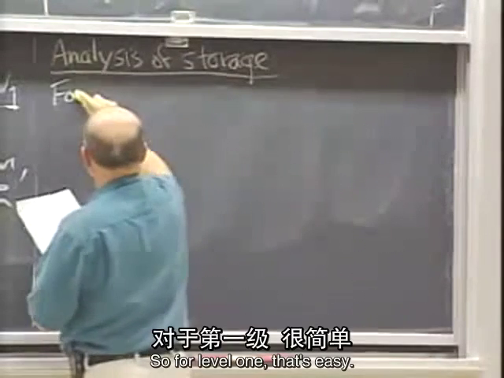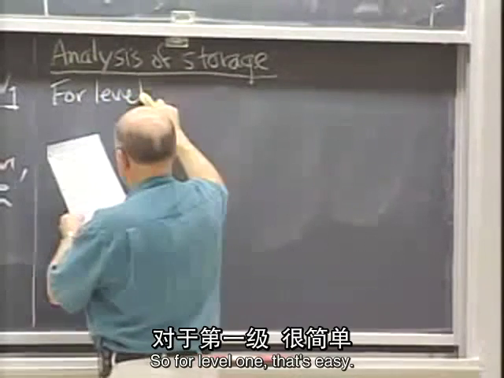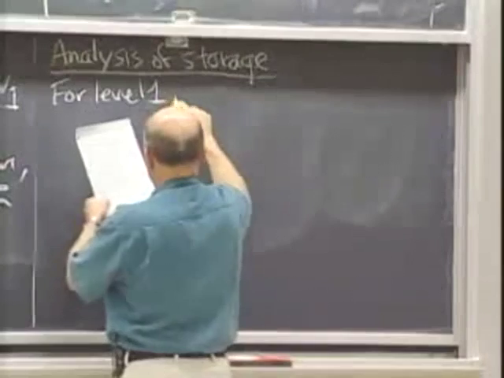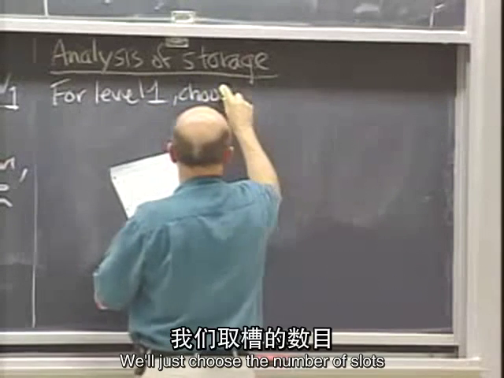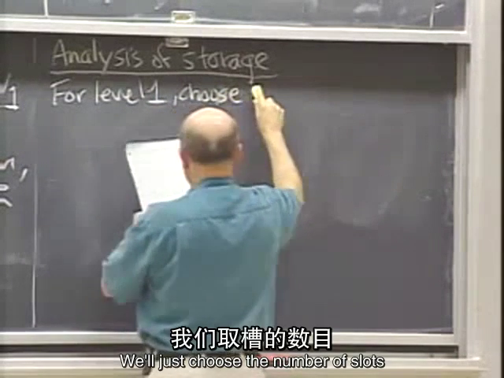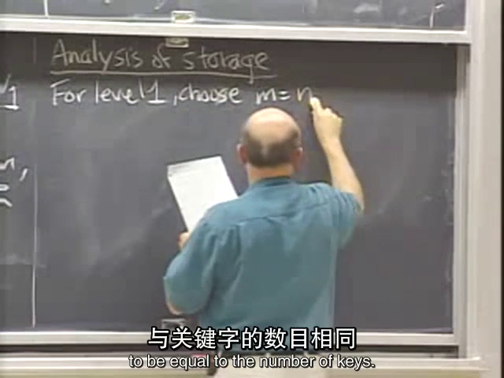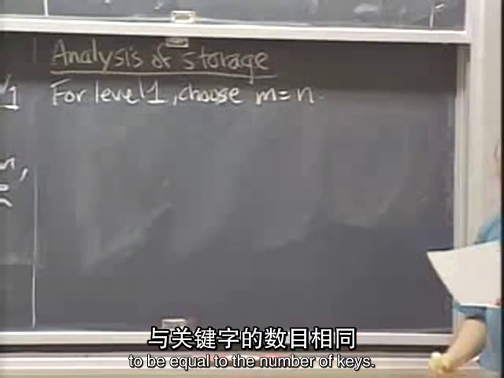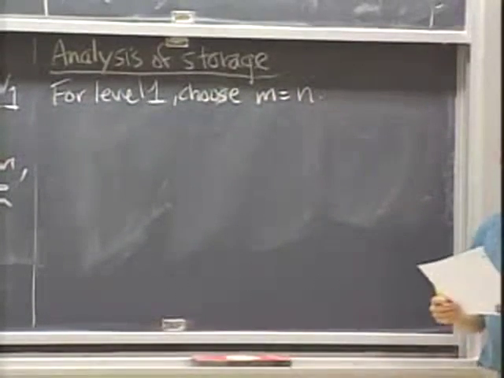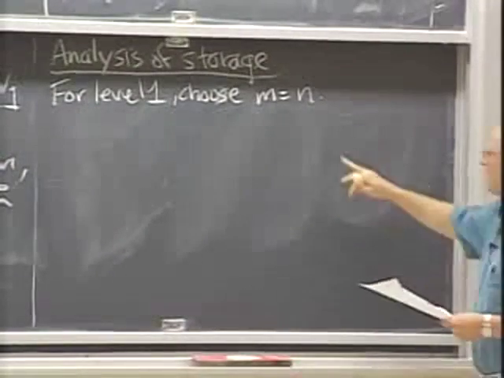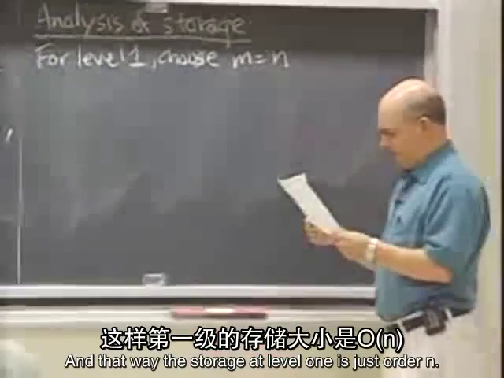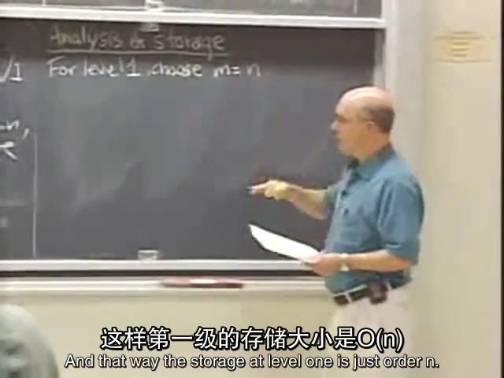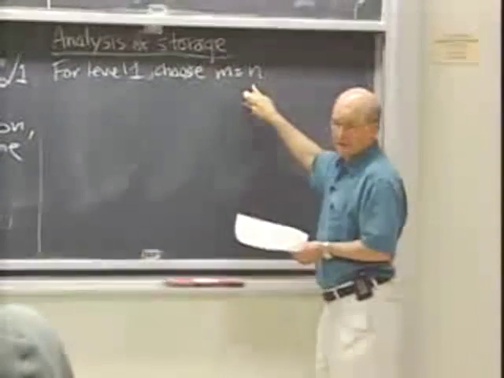Okay, so for level 1, that's easy. We'll just choose the number of slots to be equal to the number of keys. Okay, and that way the storage at level 1 is just order n.